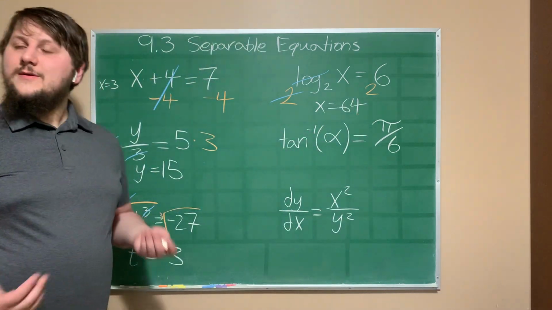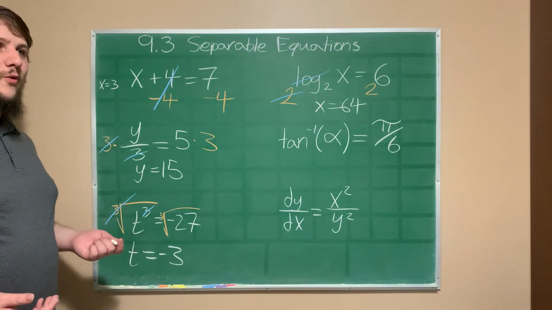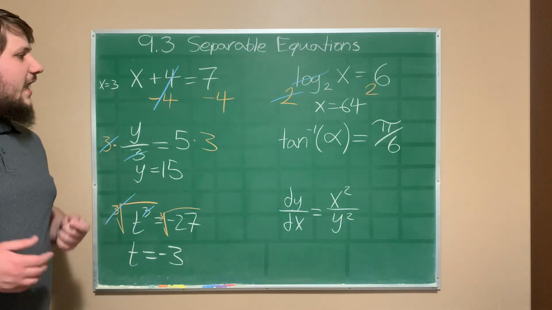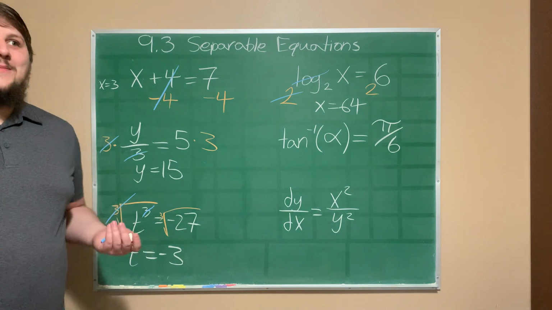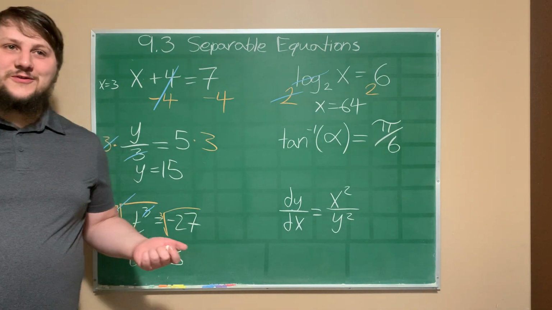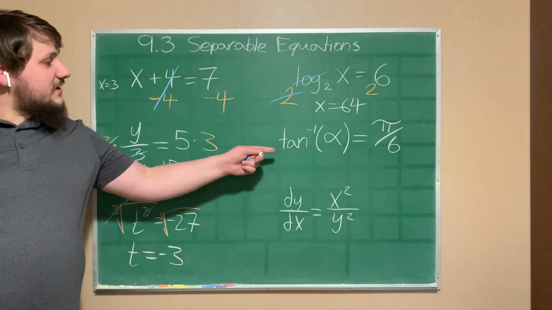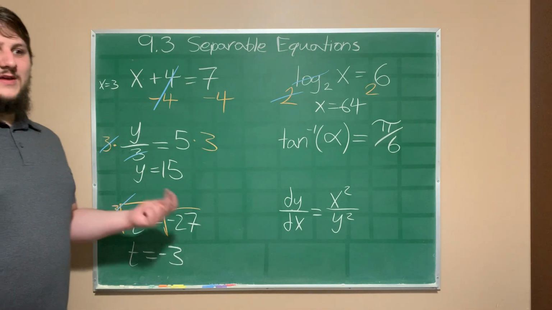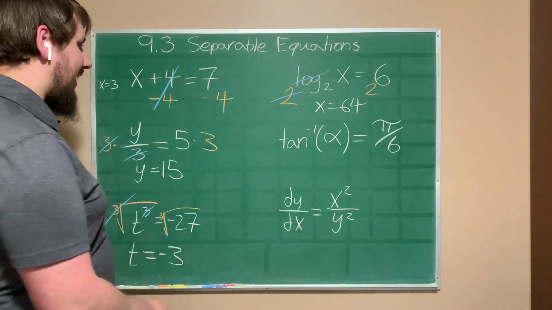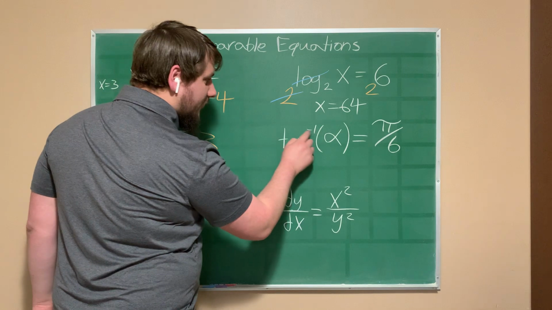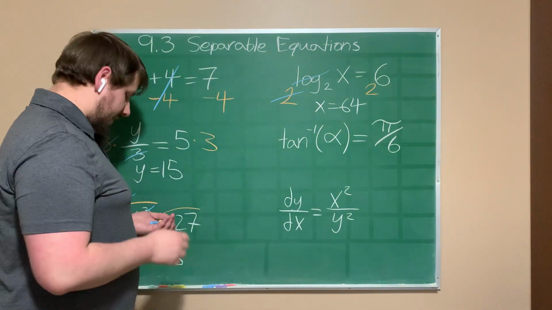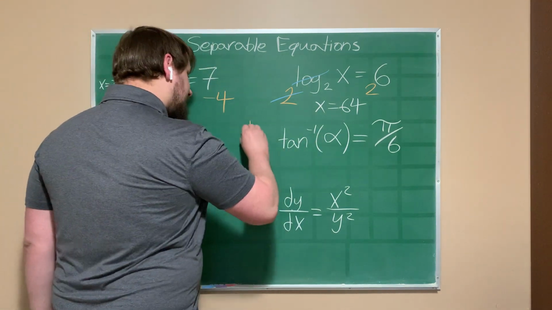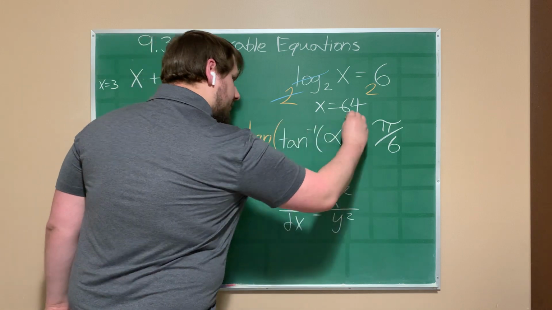Then, even trigonometric functions that we learned in Math 142, or your equivalent course, have inverses. We call them inverse trigonometric functions because we're so creative. And the inverse of an inverse trigonometric function is a trig function. So if I want to cancel out the inverse tangent that's going on here, I need to apply a tangent to both sides.